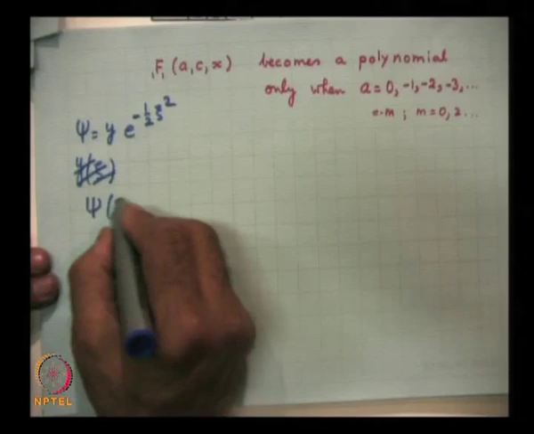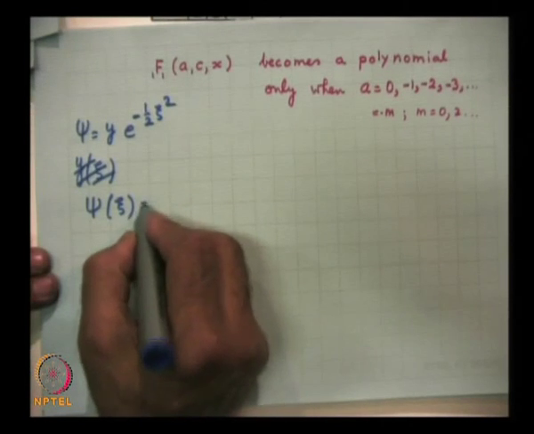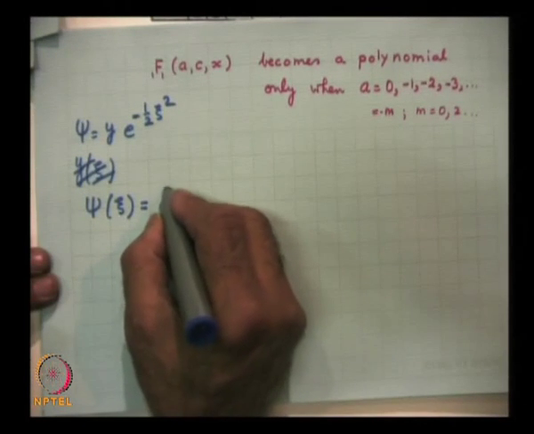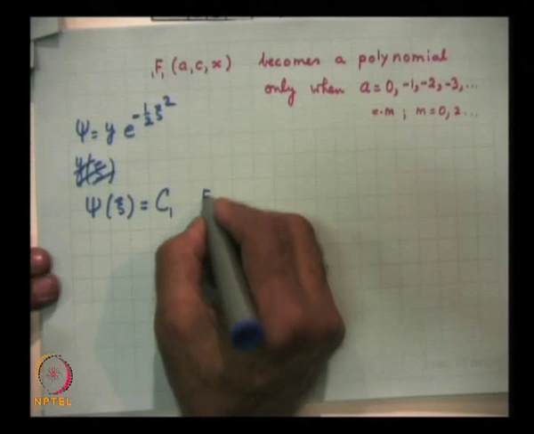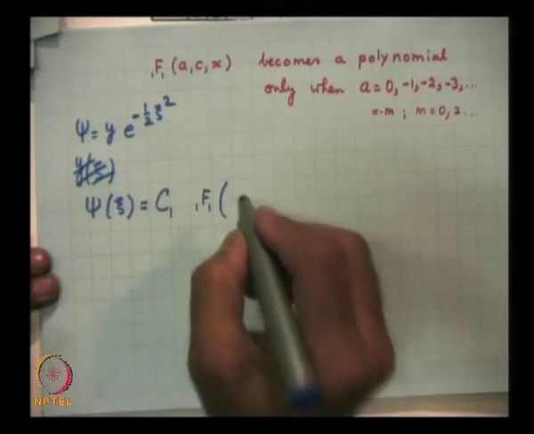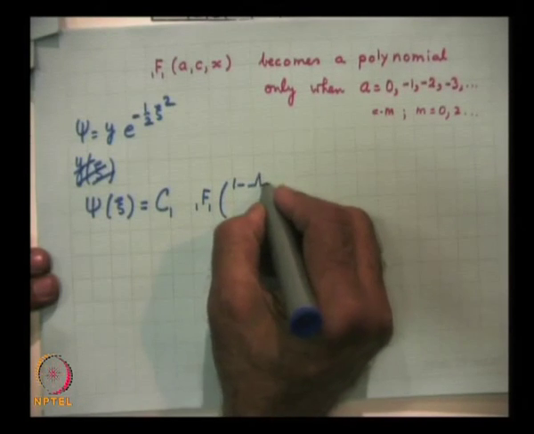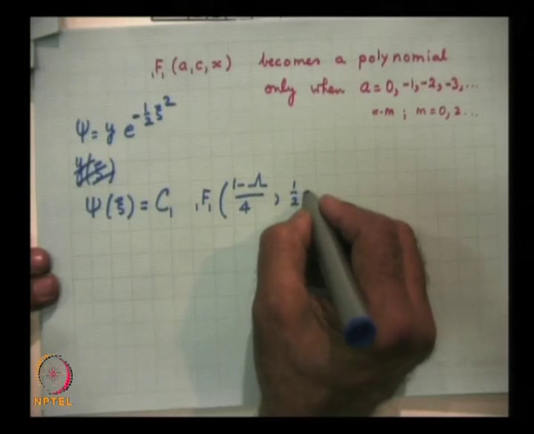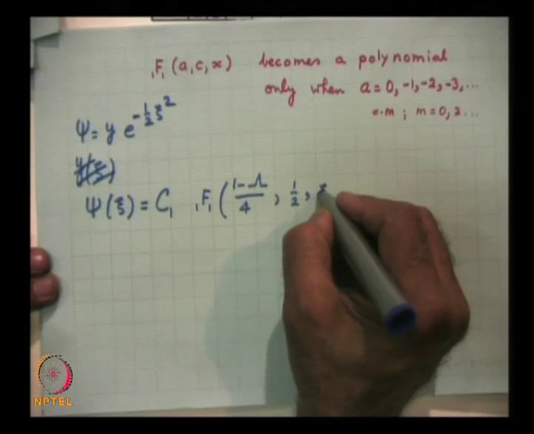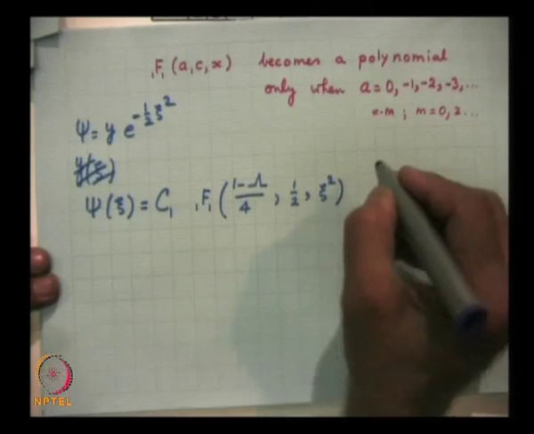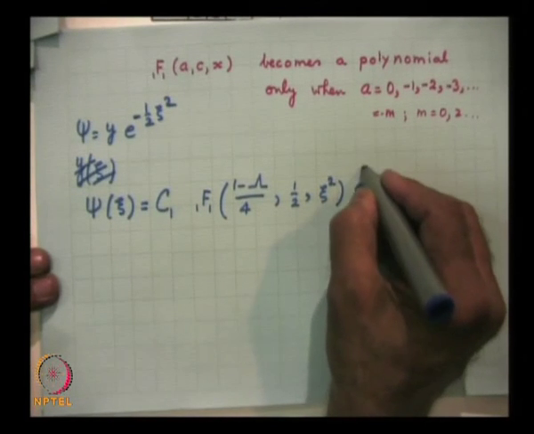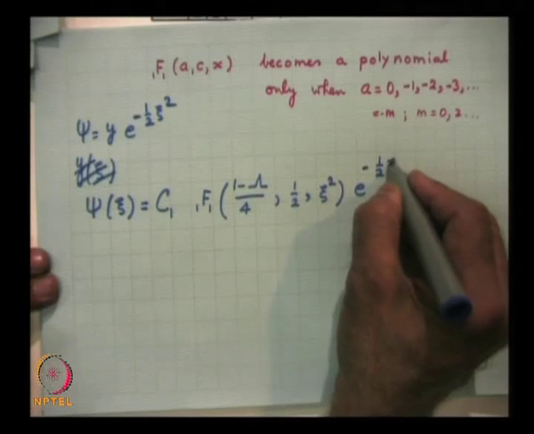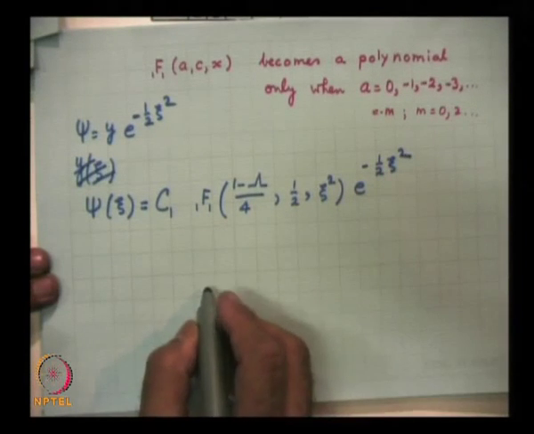So, psi of xi will be equal to y of xi, that is C1 F11 1 minus lambda by 4, in half, that is the value of c, into xi square into e to the power of minus half xi square. I will illustrate this in terms of examples.